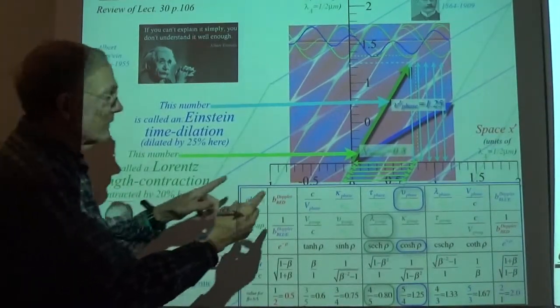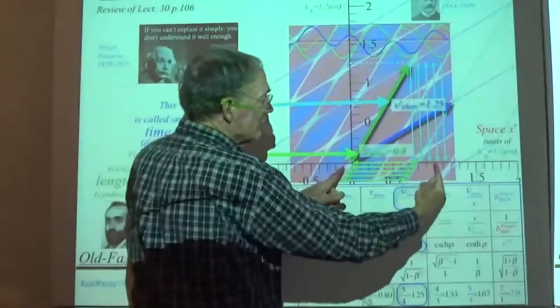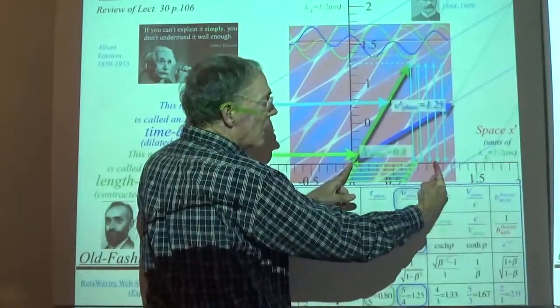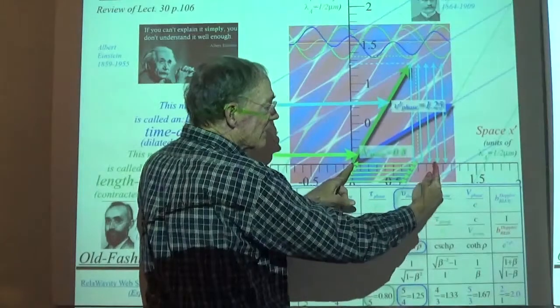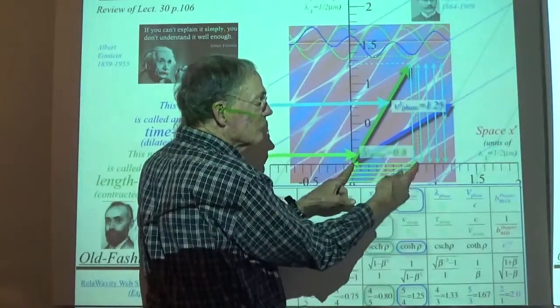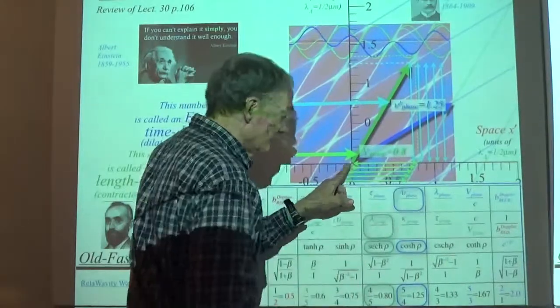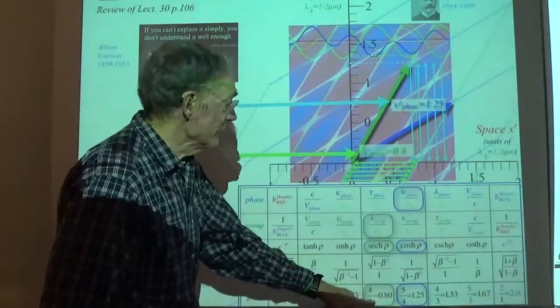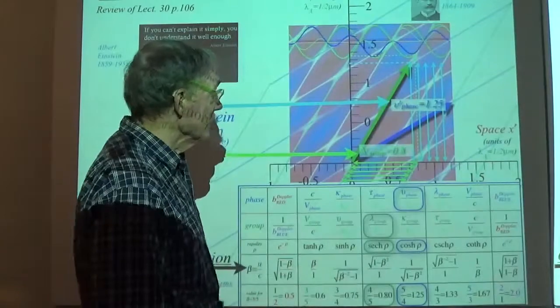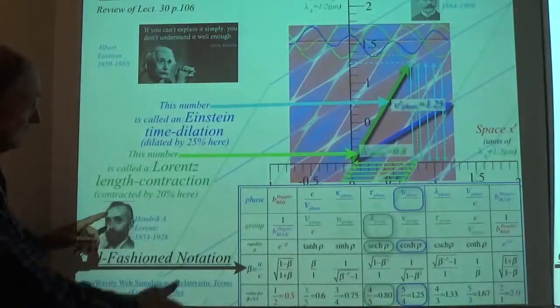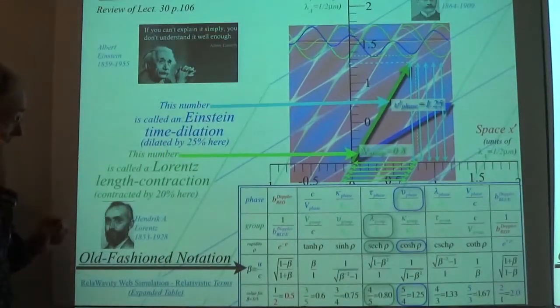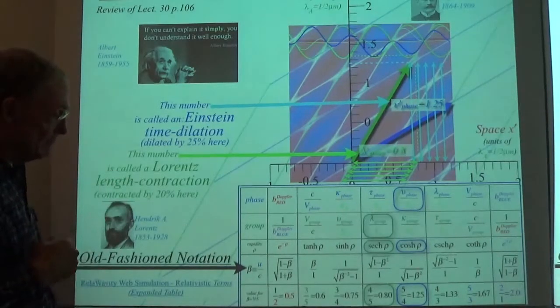The length contraction that I'm talking about is a contraction from what used to be 1 unit and has now dropped down 0.2 or 20% to 0.8, the 4/5. That's the hyperbolic secant that in our geometry, in our notation, is called the Lorentz contraction.